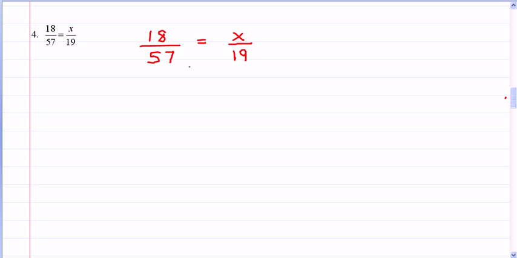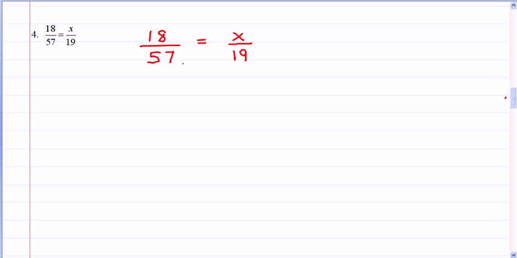You would get the same answer. So if you look at the numbers in this problem, we have 18 over 57 and x over 19. By cross multiplying, it looks like the product of 18 times 19 would be very large, and then to have to divide that by 57.